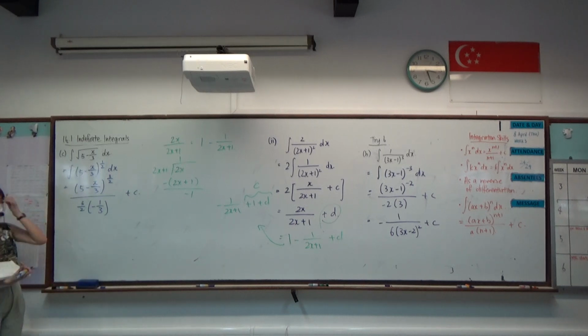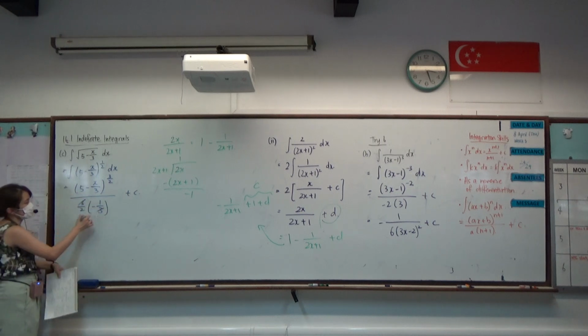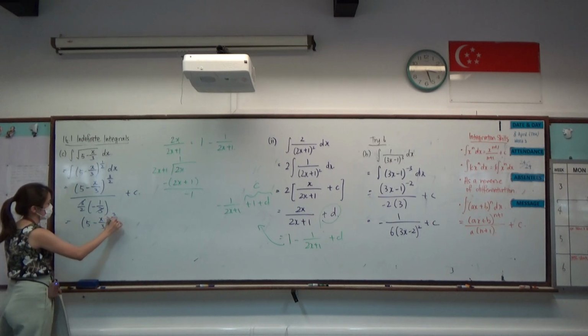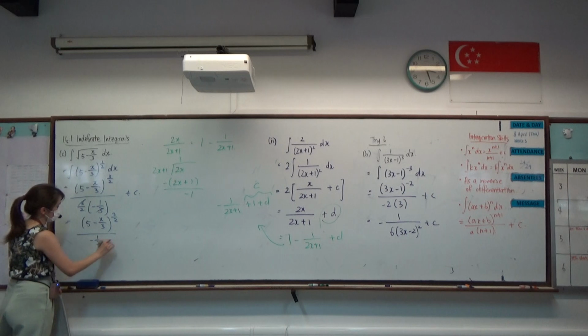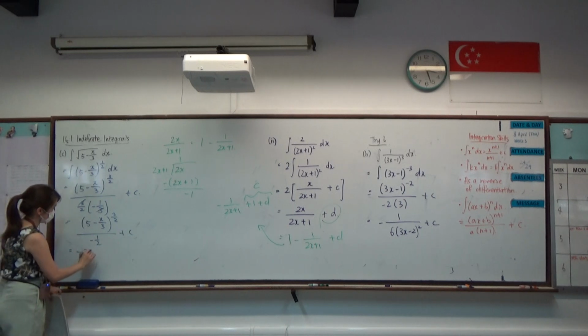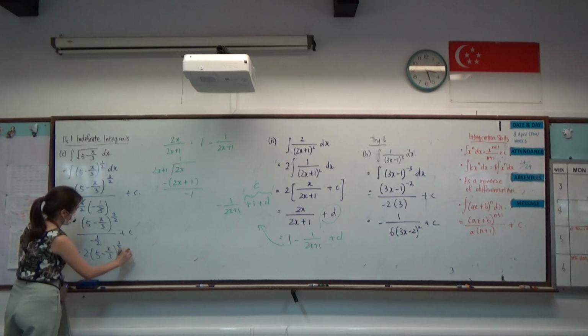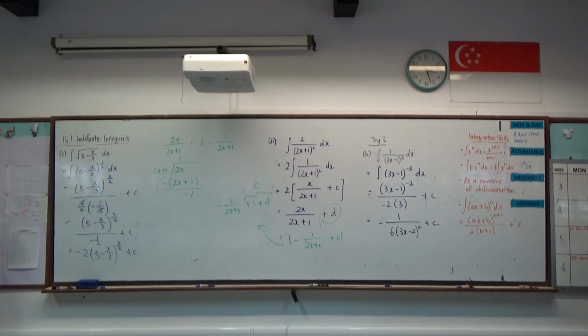Coefficient of x in this case is -1/3. Okay, cancels out. And we have -2 bracket 5 minus x over 3 to the power 3/2 plus c.